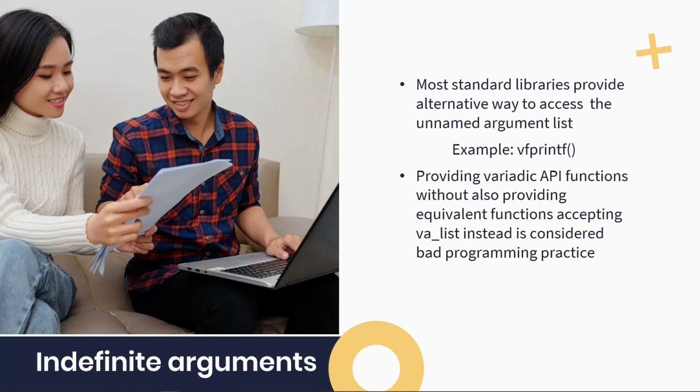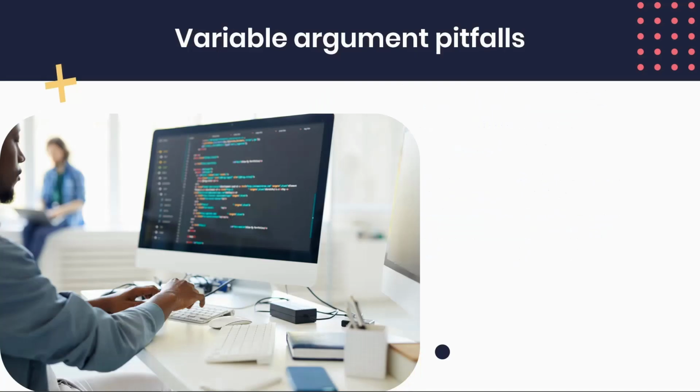The library function then has direct access to the list. Because there is no reliable way to pass unnamed argument lists by value in C, providing variadic API functions without also providing equivalent functions accepting VA list instead is considered bad programming practice. Some other versions of C have built-in C extensions that allow the compiler to check for the proper use of format strings and sentinels.